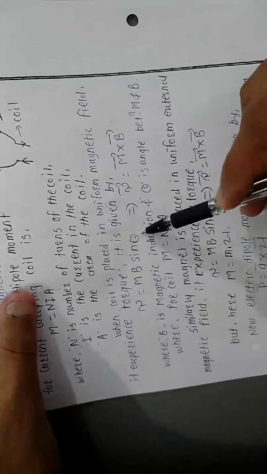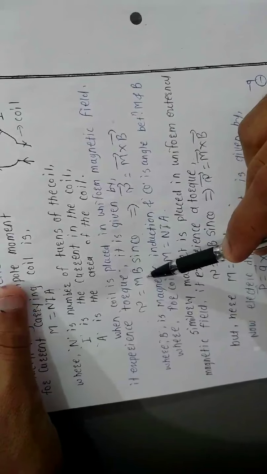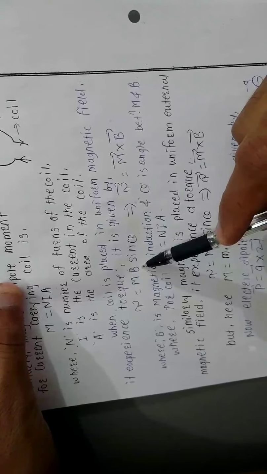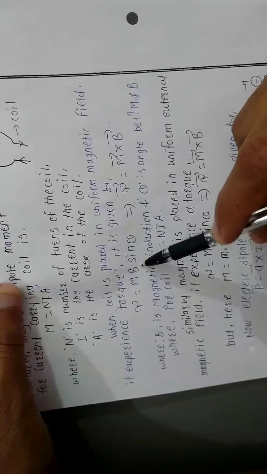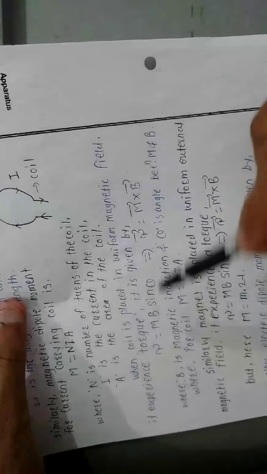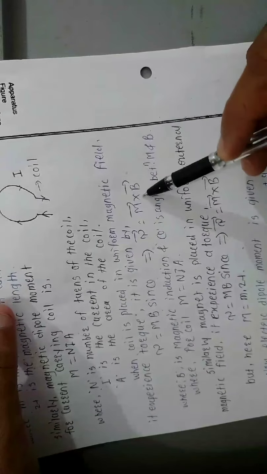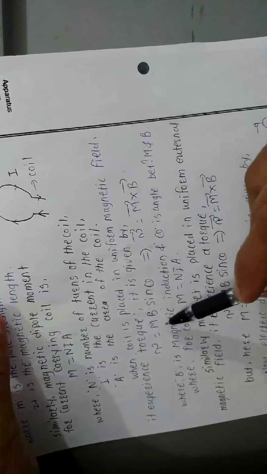Then it experiences a torque, given by MB sin theta. Here M is the magnetic dipole moment and B is the strength of the magnetic field, called magnetic induction. In vector form, torque equals M cross B, a cross product. In terms of magnitude, we consider sin theta.